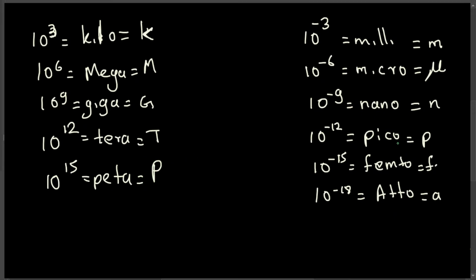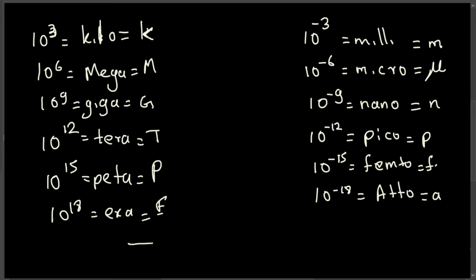If it's pico, that is small p. If it's peta, that is capital P. So except kilo, everything else is capital. 10 to the power of 18 is exa, that is capital E.